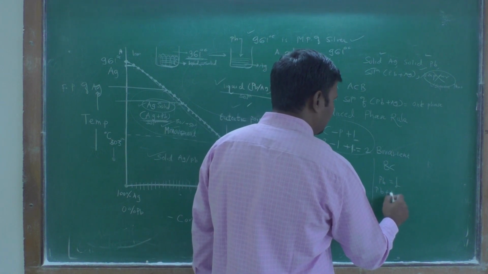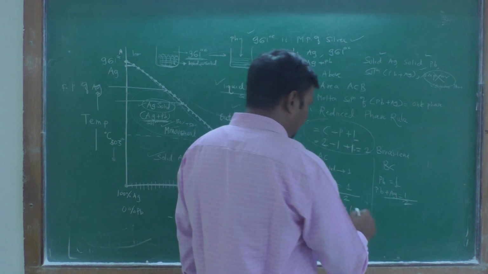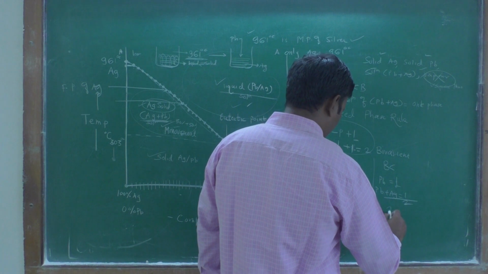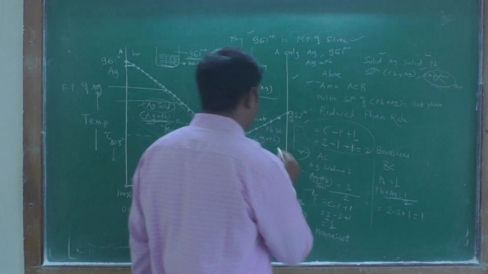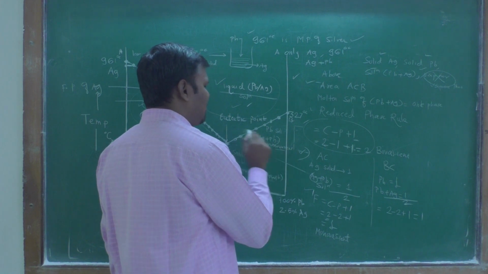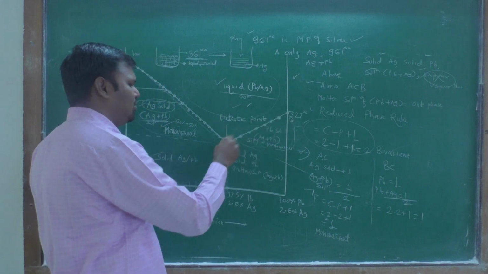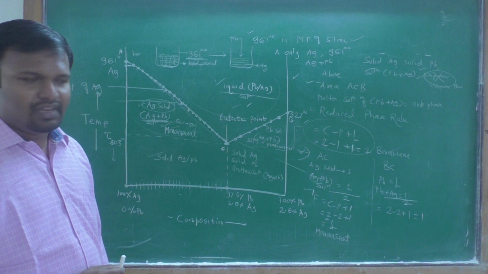Pb plus Ag is the solution, one phase, therefore it is a two phase system. Components 2, therefore 2 - 2 + 1, so it is also a monovariant system. Remember that. The area below the BC is also a monovariant system.